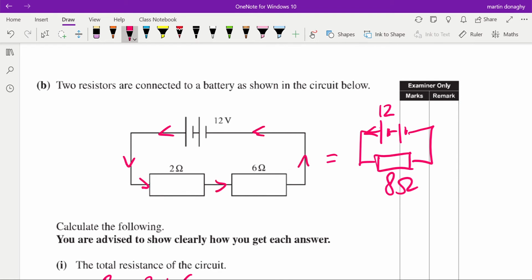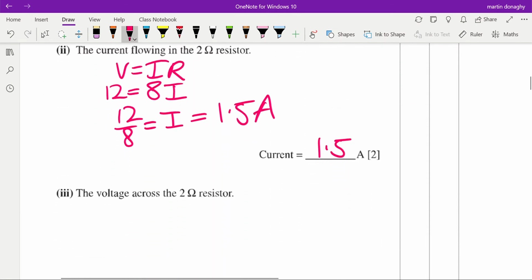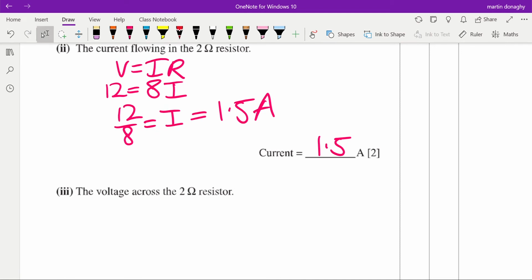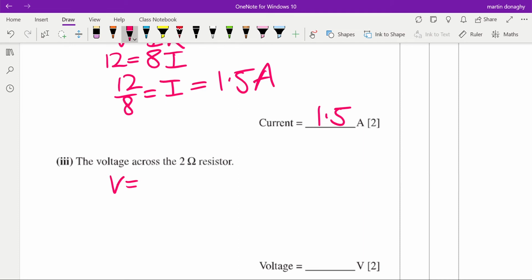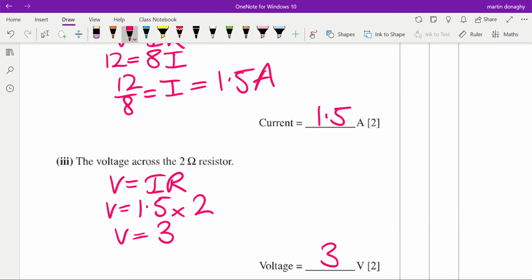There are no parallel portions there, so all the current flows through the 2 ohm resistor, so it's 1.5 amps. Calculate the voltage across the 2 ohm resistor. V equals IR: the current 1.5 times the resistance 2, so the voltage is 3 volts.